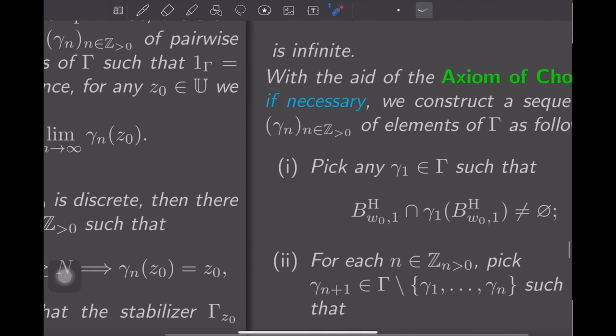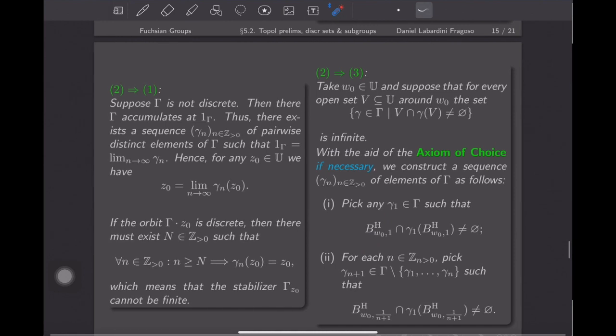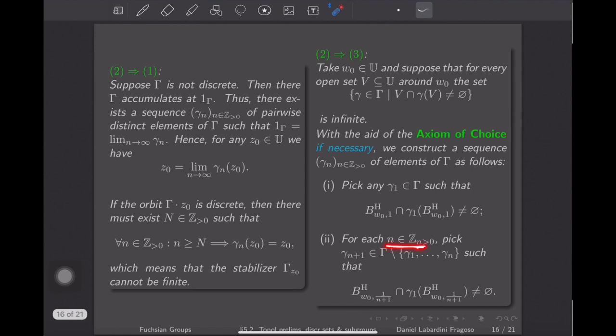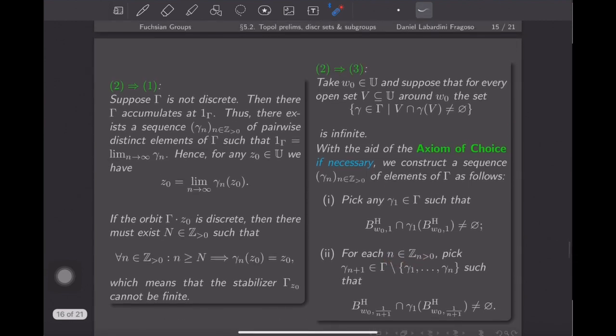Yeah, and then for this open disk around W naught, I know that there are infinitely many gammas for this choice of V. Okay, so I just pick one, and then for each n, at the nth step, I assume that I already constructed n distinct elements of gamma, and then I move on to the next step.